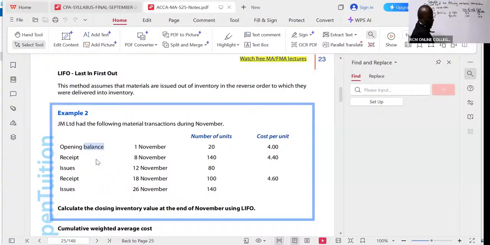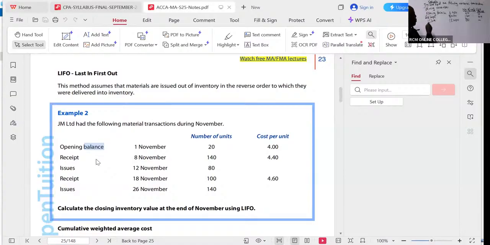Then we go to the next date where we had an issue. On 12th November, we issued 80. Whenever we issue, the cost per unit, that's purchase cost, is only applicable whenever we are receiving. So whenever you are issuing, you shall not be given a cost there, and if they give it to you, ignore it.